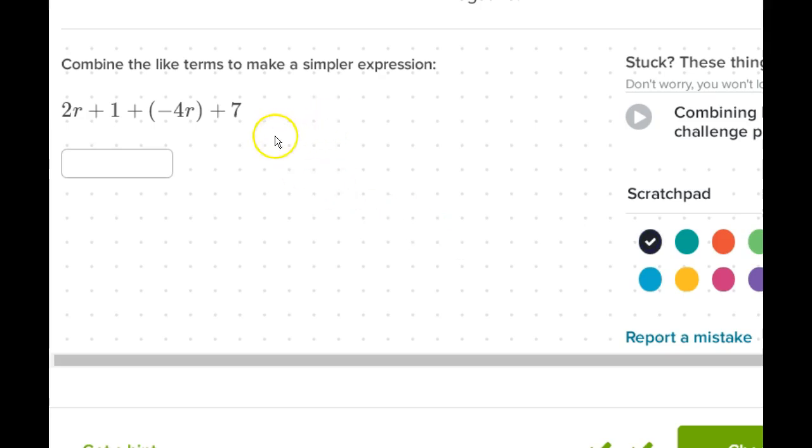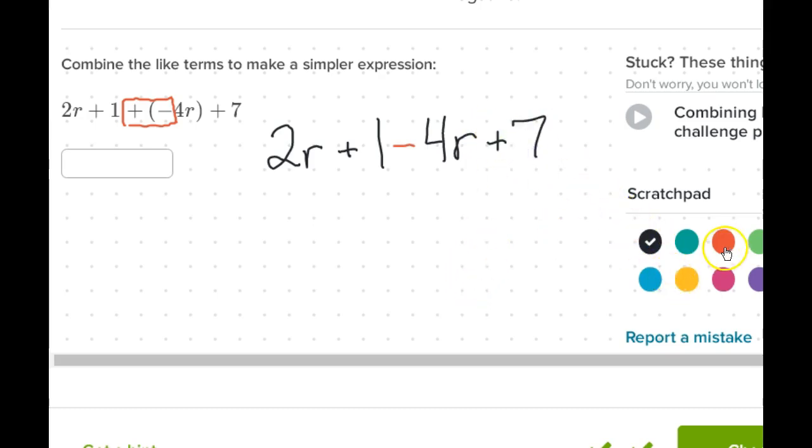So it says 2r plus 1 and then double sign, take care of that, make it a minus 4r. And then go from there. You guys try it on your own.